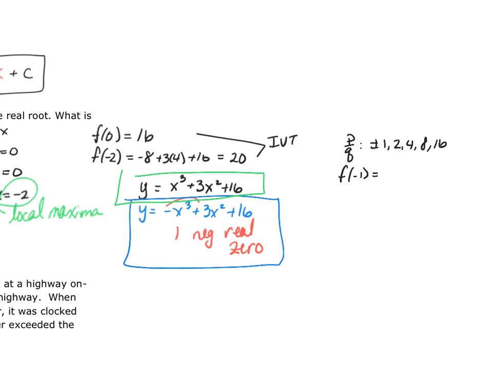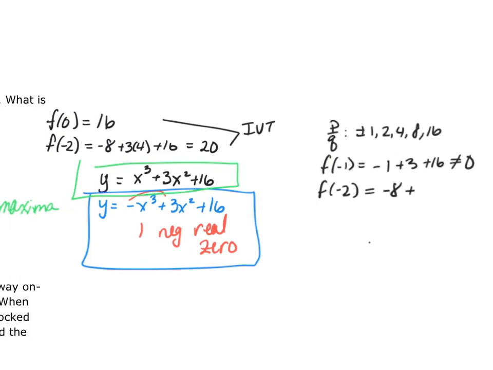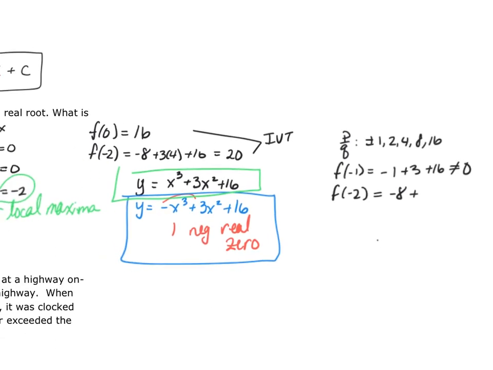So I put in negative 1, and I end up with negative 1 plus 3 plus 16. This doesn't equal 0. Put in negative 2, so I end up with negative 8, and we know from our previous one what this is going to equal, negative 8 plus 3 times 4 plus 16.